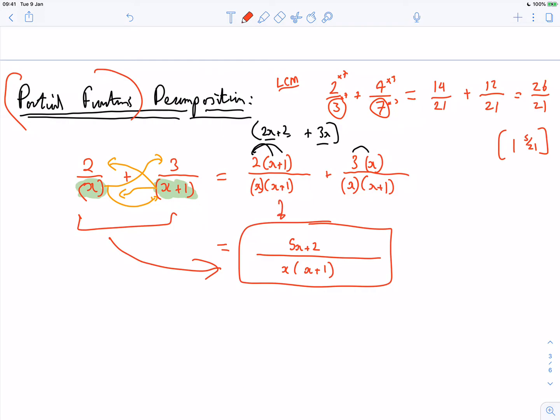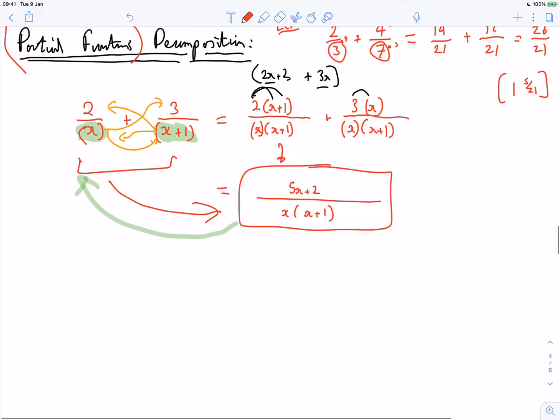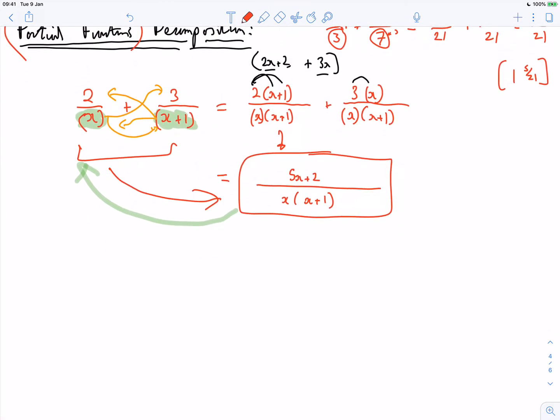We've got this quantity over here, and now what we're going to be doing is reversing this process. I.e., if I gave you something like, let's say, 1 over x plus 2 times by x plus 3, could you break that up into fractions involving x plus 2 and x plus 3 in the denominator? That's what we're talking about here.